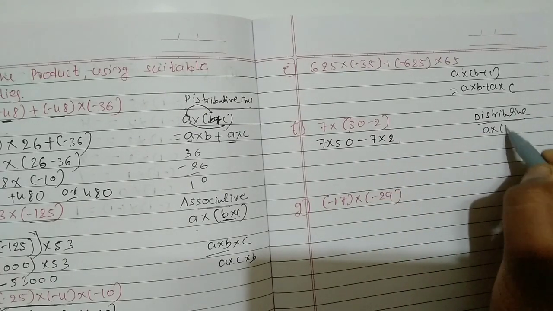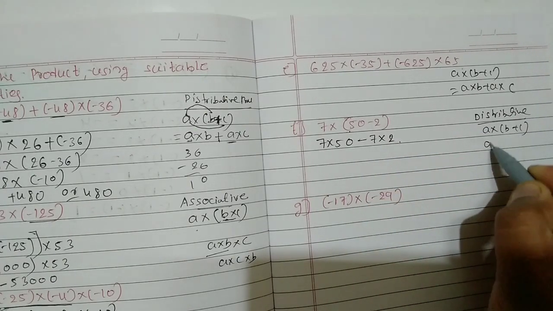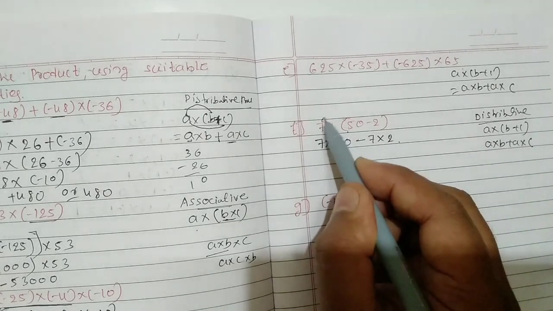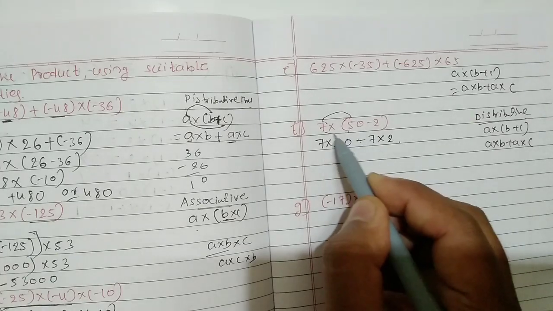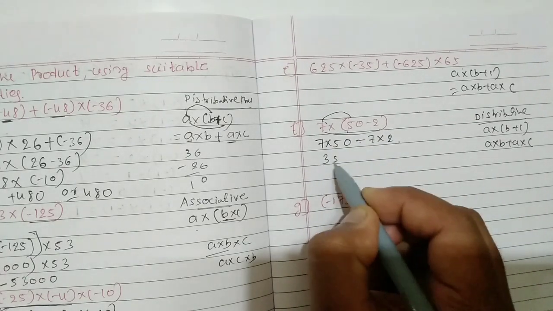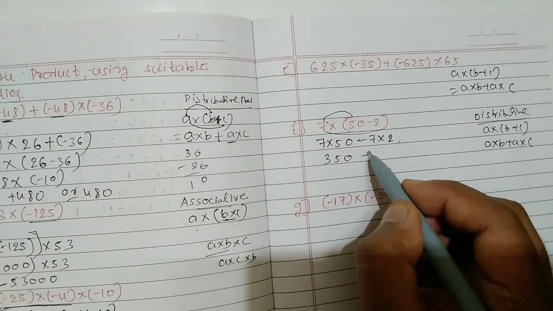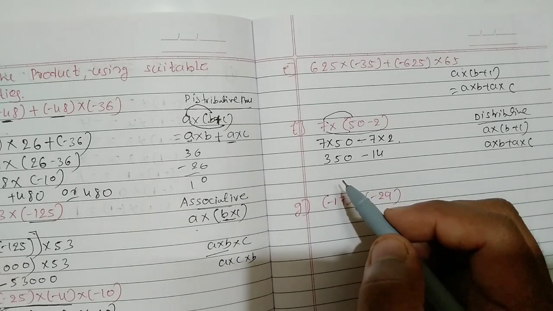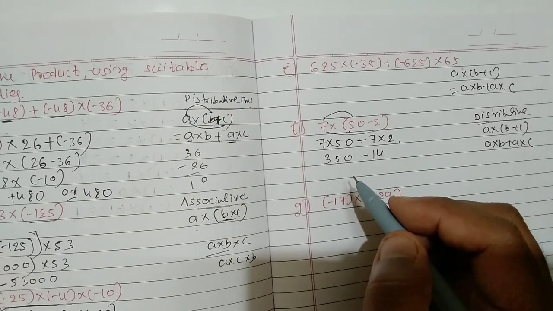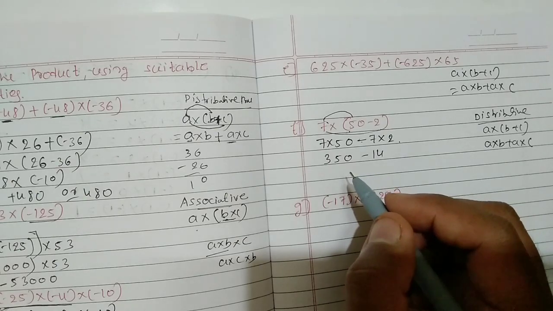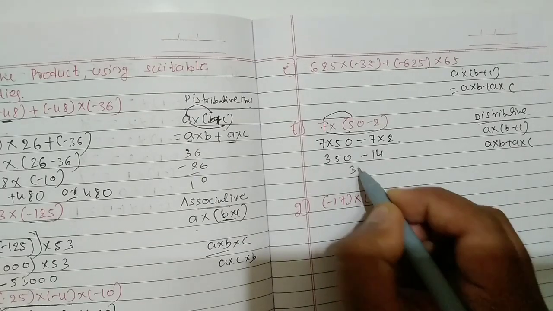A into B plus C means A into B plus A into C. 7 into 50 minus 7 into 2. Now it is simply 7 into 50 is 350, right? 7 twos are 14. So the answer is 350 minus 14. What will remain? 336, right? So the answer is simply 336.